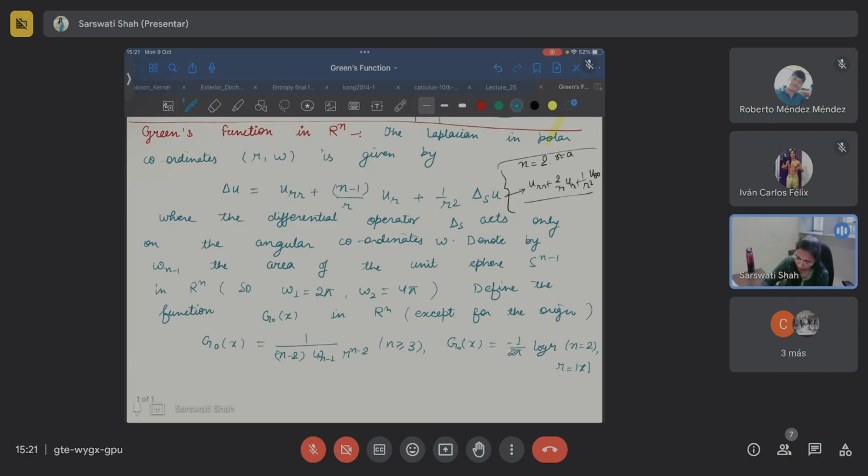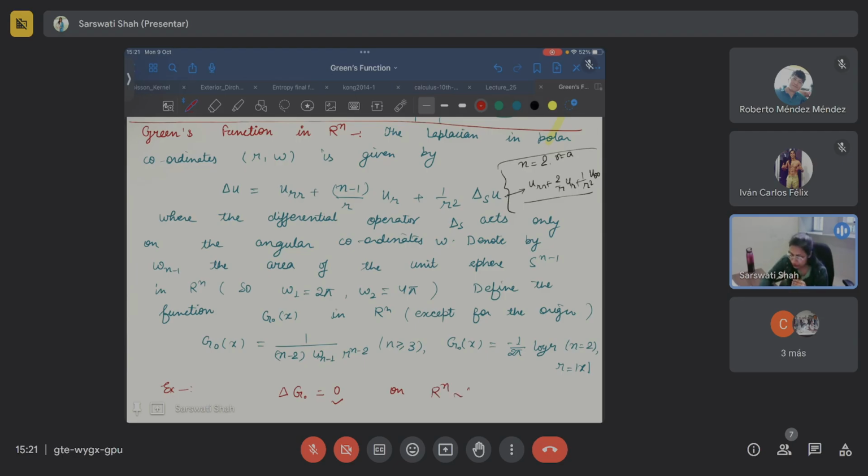Now again I am giving you an exercise just to take a look. When you calculate the Laplacian of this g naught in Rn, you are going to see that the Laplacian of g naught is 0.